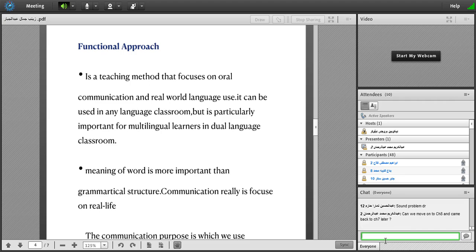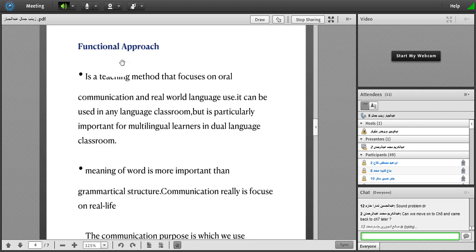Okay, what do we do? Yes, Zainab, go on. I can hear you. Actually, I opened it with my iPad and I can't hear anything, so I opened it with my phone. I'm sorry to be late, but it's out of my control. It's okay, fine, thank you. Go on.